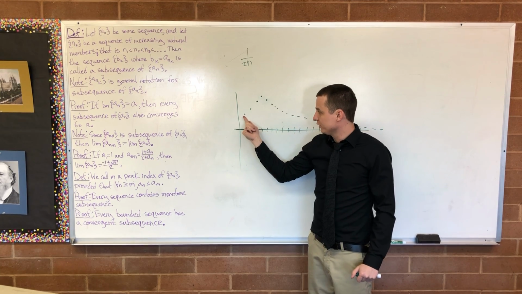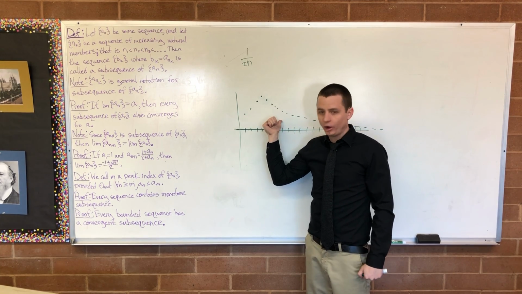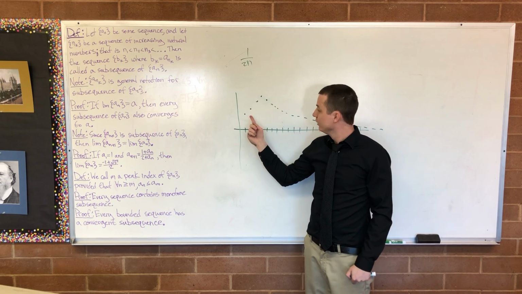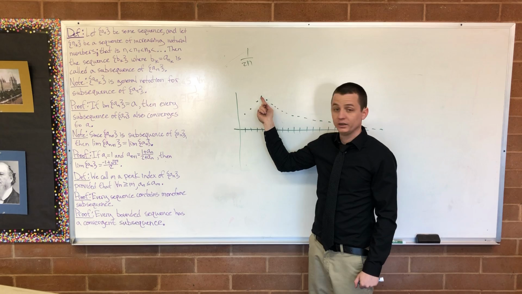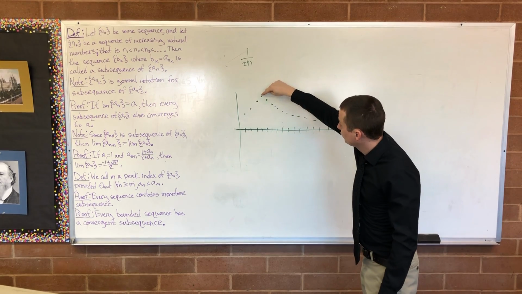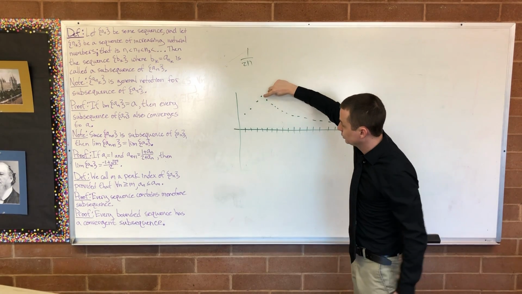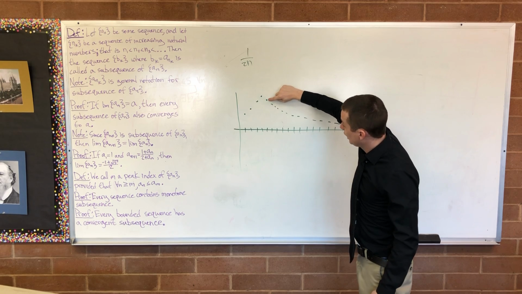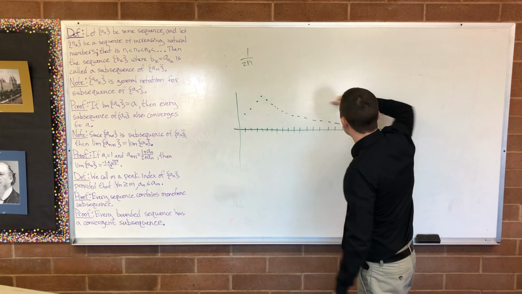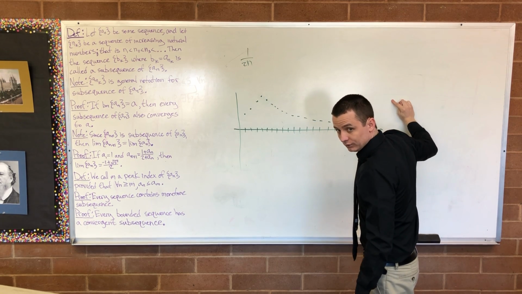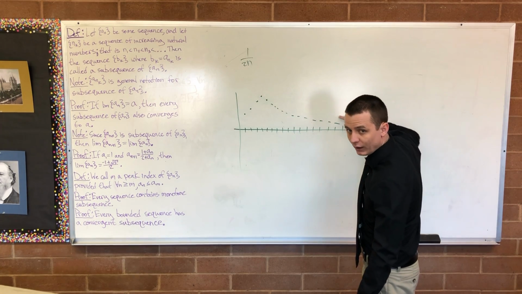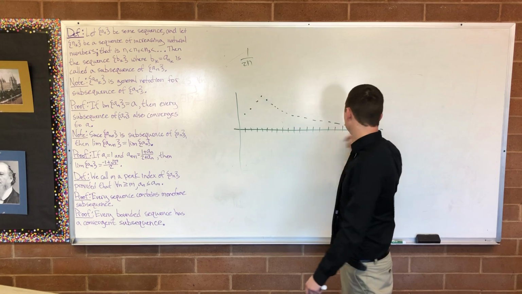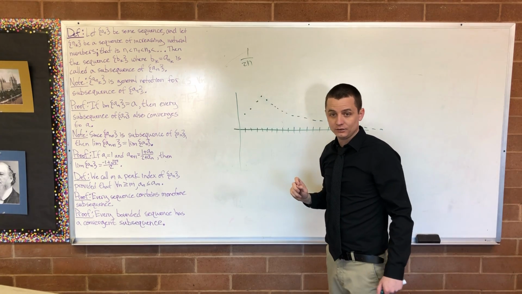So notice that from this point onwards, it does not always get smaller or stay the same. From this point, it doesn't. From this point, it doesn't. But from this point, it does. All the points from here onwards are less than or equal to this value. Same with here. From here onwards, all the points are less than or equal to that one. Same with here, same with here, same with here, etc. So every point from here onwards is a peak index.